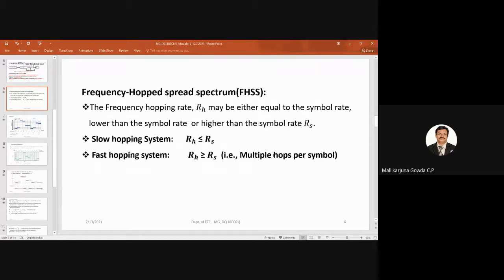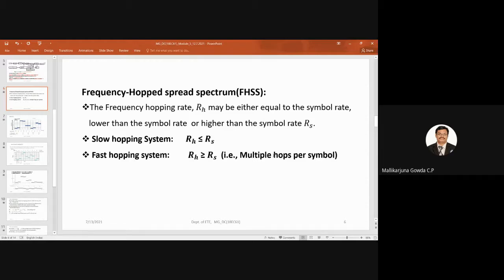It will change the frequency at a rate less than or equal to the symbol rate. Means the modulated signal will keep changing, or we can say hopping, from one frequency to another frequency, at a rate less than the symbol rate. Means if I consider a single bit, the hopping will happen only once in a particular bit, not more than once.